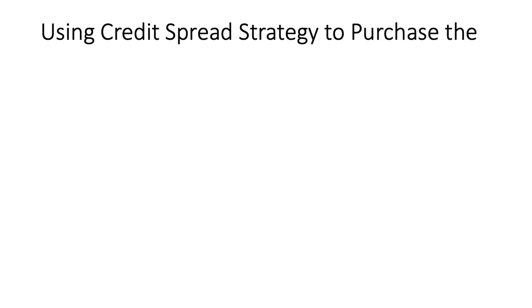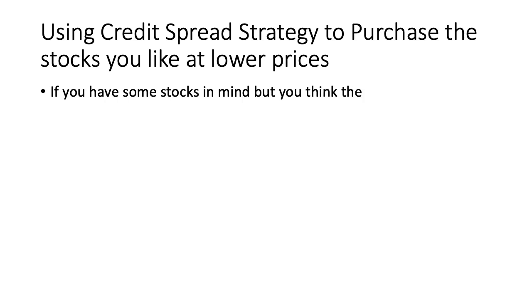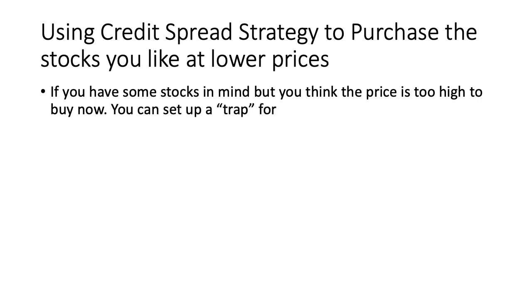Using credit spread strategy to purchase the stocks you like at lower prices. If you have some stocks in mind, but you think the price is too high to buy now, you can set up a trap for a stock to fall into your price.